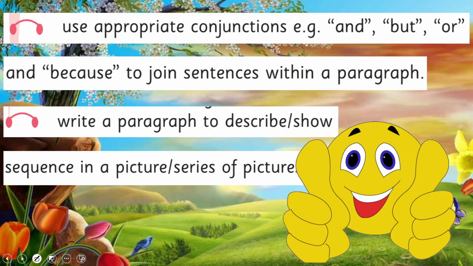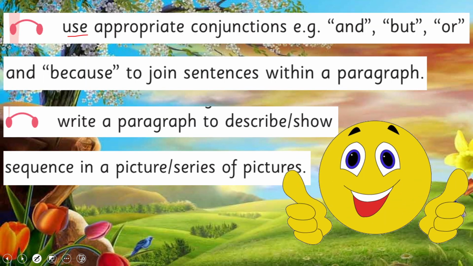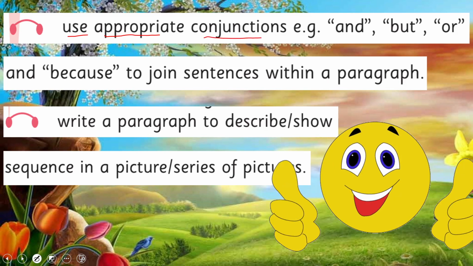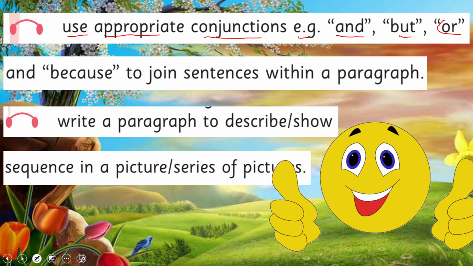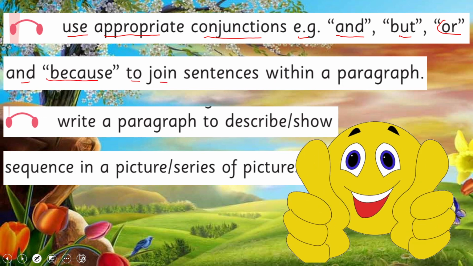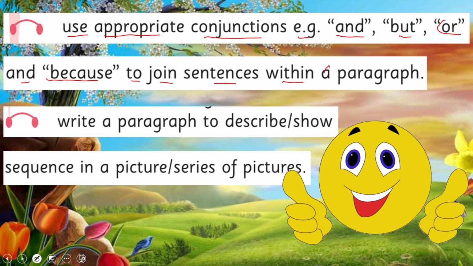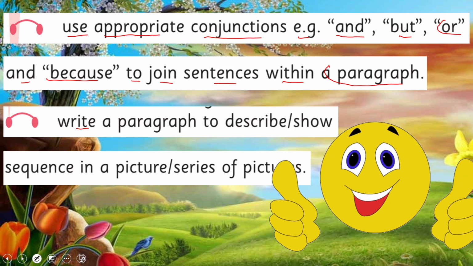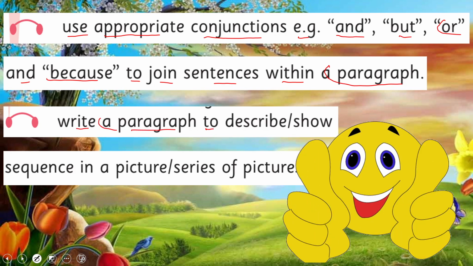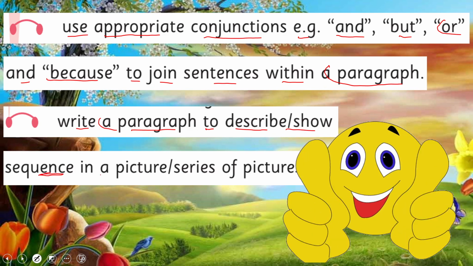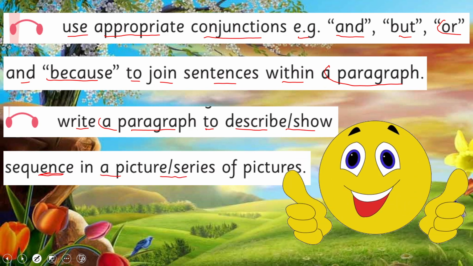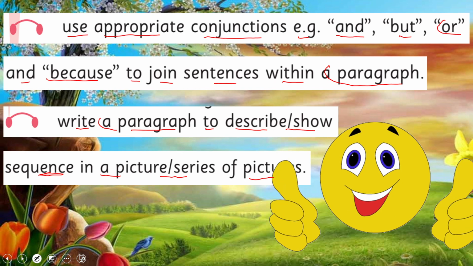And in this way, we have completed our SLO: use appropriate conjunctions, e.g., and, but, or, and because to join sentences within a paragraph, and write a paragraph to describe and show the sequence in a picture or a series of pictures.